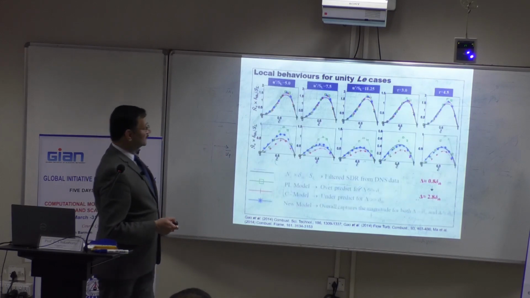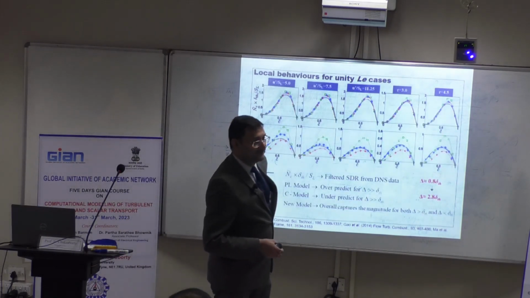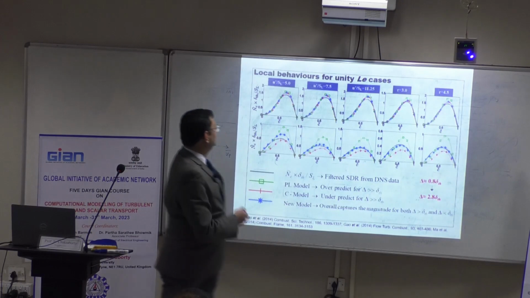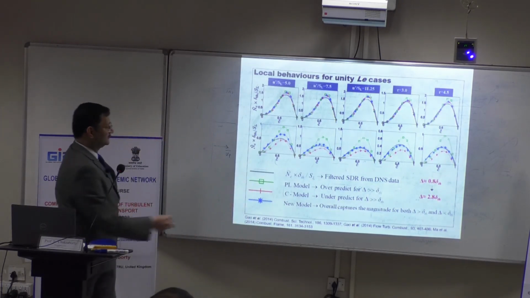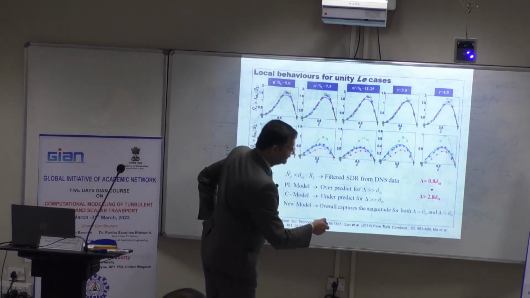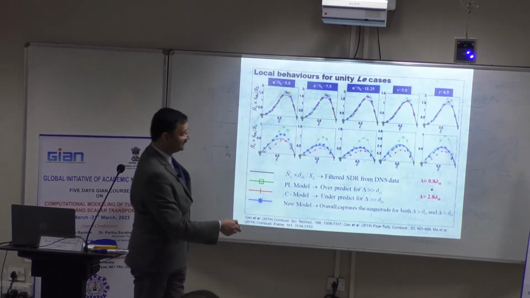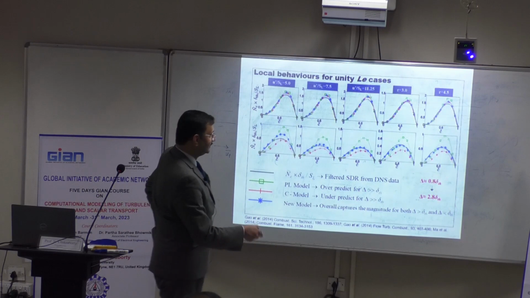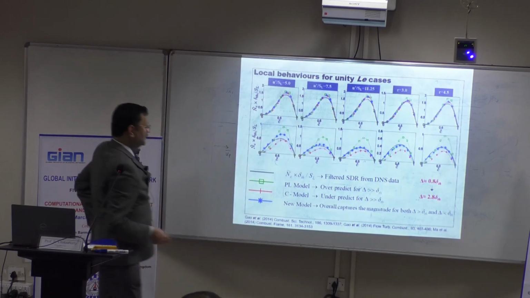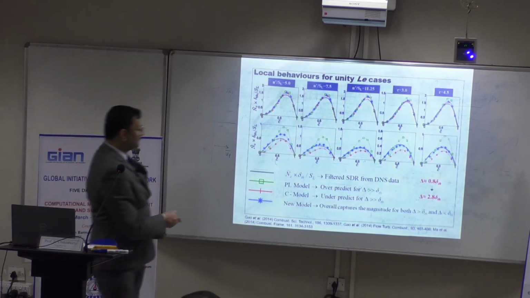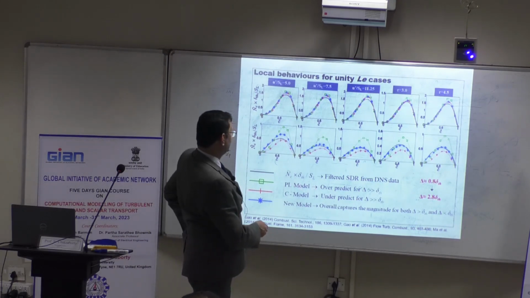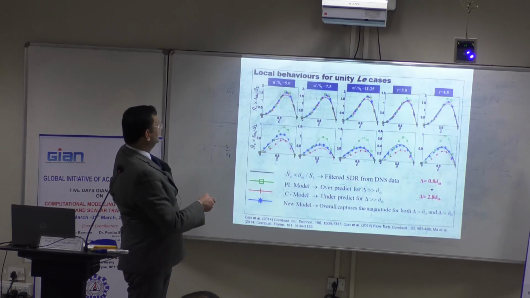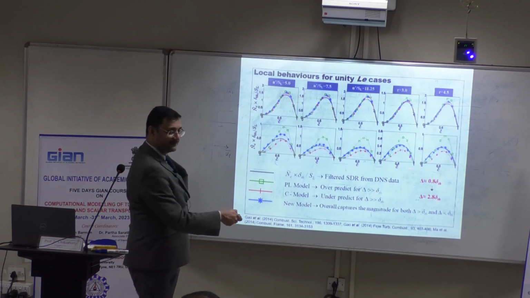So, how is the local behavior? This is for a very small filter width, delta equal to 0.8 delta thermal, and this one is for a relatively large filter width. You can see, even for the values extracted from DNS data, if I put in the power law model, it does not capture the local behavior at all.